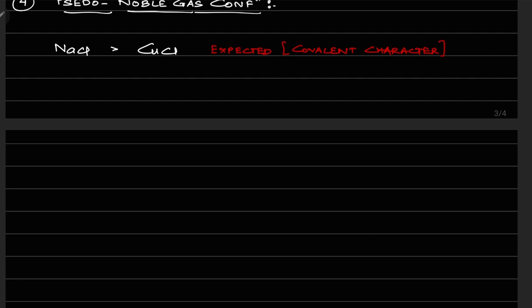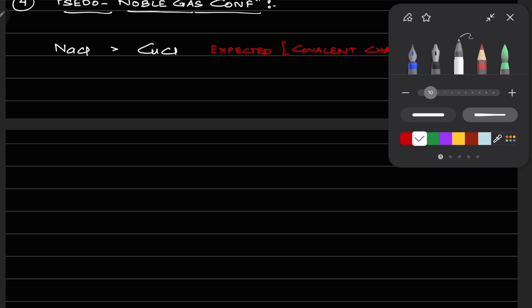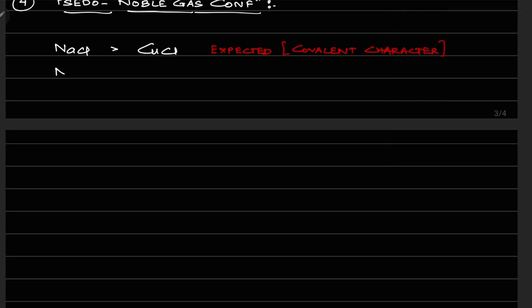Cation Na plus, Cu plus. So the charges of cation is same. Na plus will be smaller in size, so it should have more covalent character, and this is what we expected. But as we all know, expectations hurt. So when we observe it in nature, NaCl usually has less covalent character as compared to CuCl.